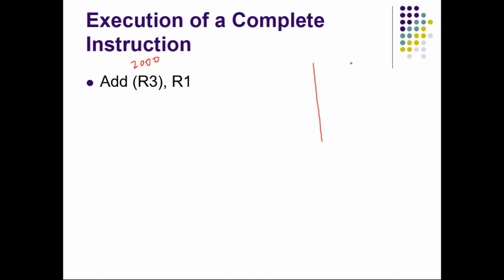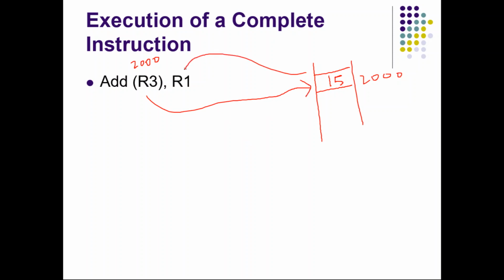So in memory there is some location called 2000. This location may contain some value, say it is 15. So the content of this location 2000, which is 15, should be added with the content of R1.